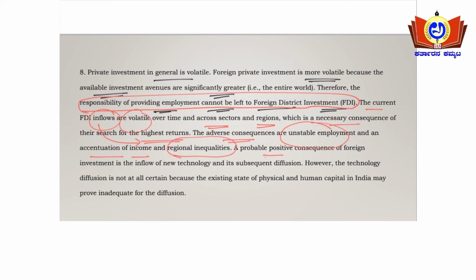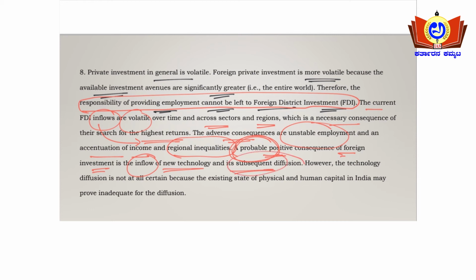A probable positive consequence of it is, see, it says probable, it is not actually saying it is, okay. A probable positive consequence of foreign direct investment is the inflow of new technology and its subsequent diffusion.